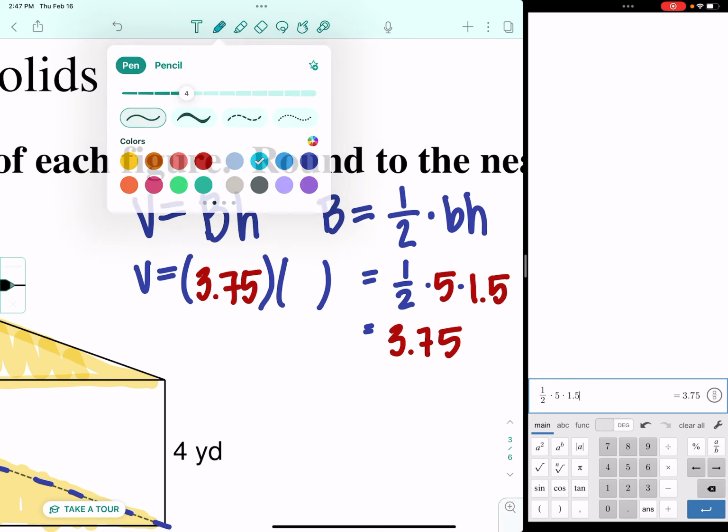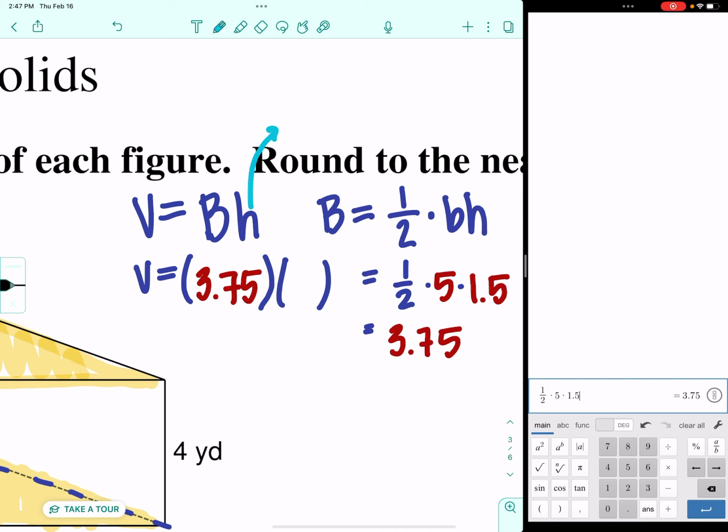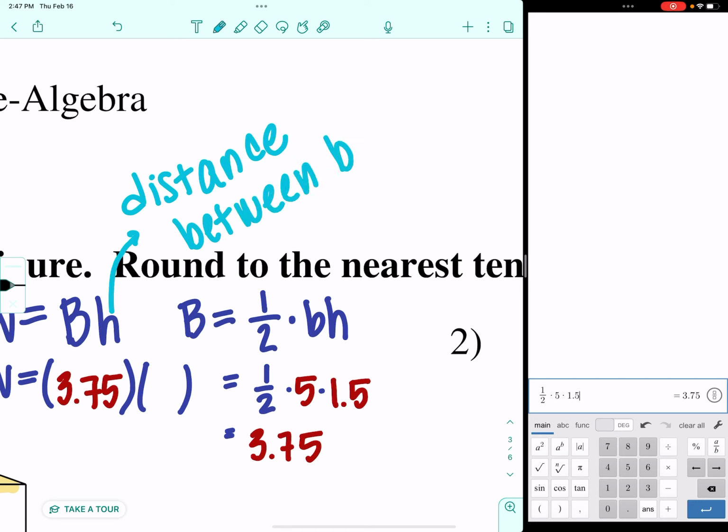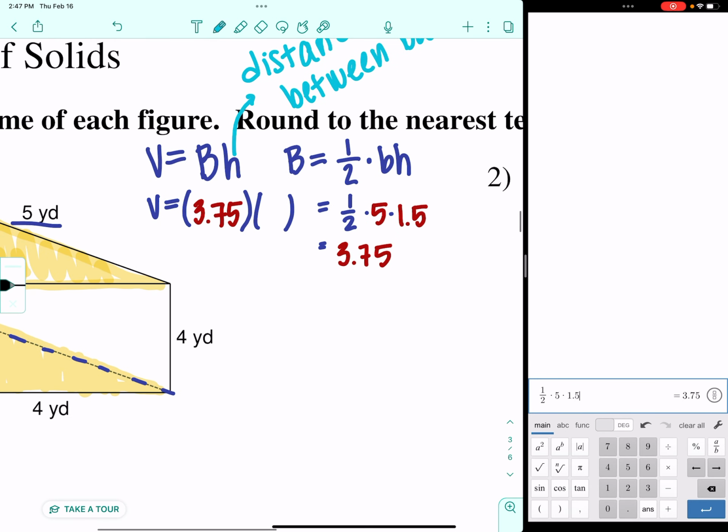Remember, this H is the distance between the bases. So that means that H is 4.